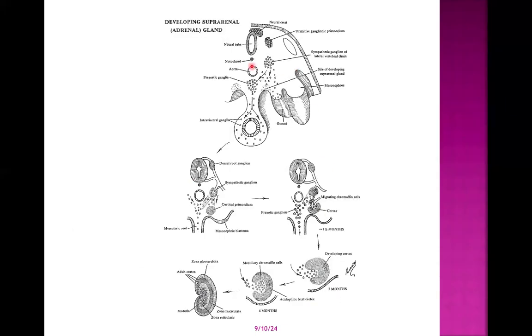So when you look at a vertical section through the embryo, that's the neural tube, that is neural crest cells, that is the sympathetic ganglion of the lateral vertebra, and this is the site of the developing suprarenal gland.